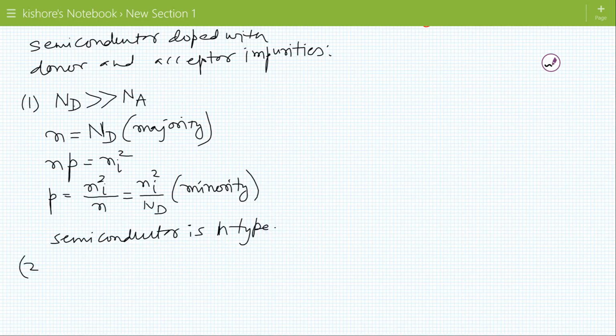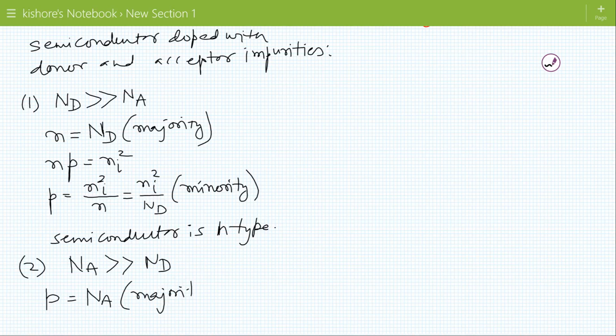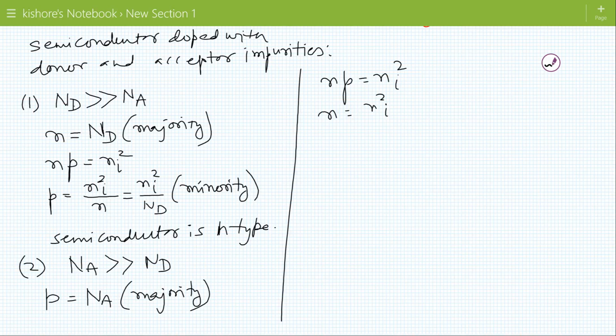Now second case, if the acceptor impurity concentration is very large as compared to the donor impurity concentration, then concentration of holes is Na and holes are the majority charge carriers, and concentration of electrons is ni square by p, that is ni square by Na.